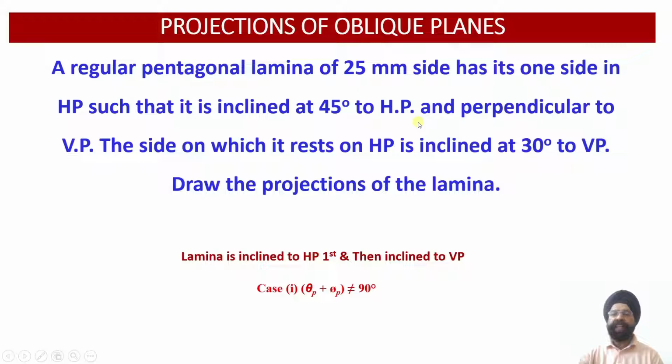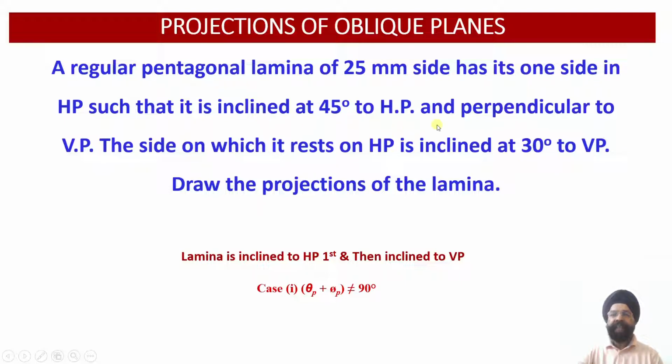We have already discussed that whenever a plane is inclined with respect to a particular reference plane, to begin with we assume that the plane is either parallel to or contained by that reference plane. Since this pentagonal lamina is inclined to HP first, we will assume that it is parallel to the horizontal plane.